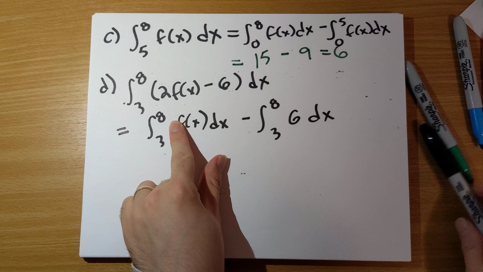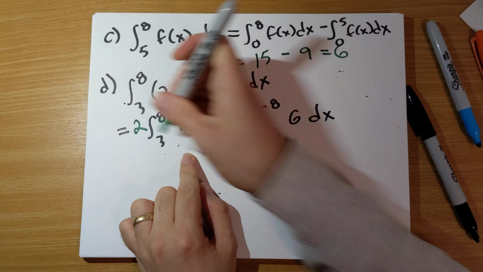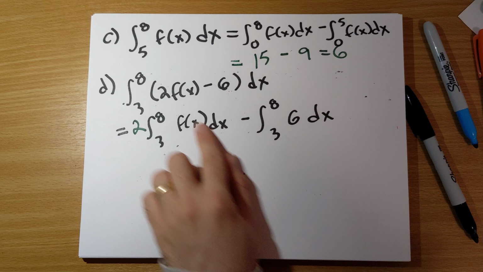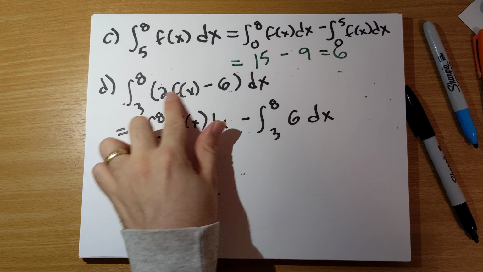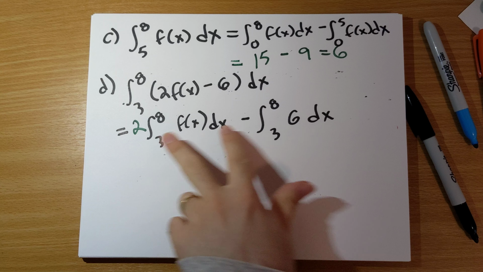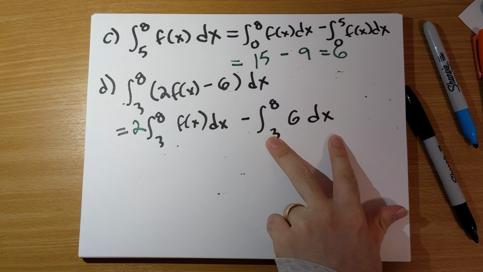And also the 2 here, I'm going to move the 2 outside the integral. So we're using linearity properties of the definite integral here. We break this up, we move the 2 outside here. So this is what is going on. Okay, so now we have to do 2 things. We need to evaluate this integral, and we need to evaluate this integral.